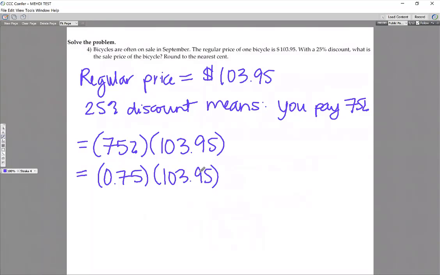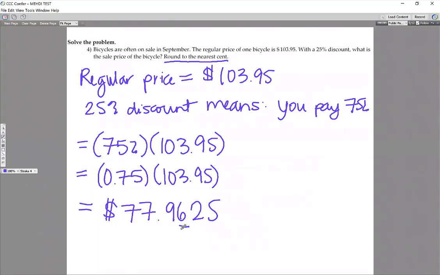And we plug that into our calculator, and we see that we get $77.96, and it says to round it to the nearest cent. Sorry, so from the calculator you actually get 77.9625, and you need to round to the nearest cent.